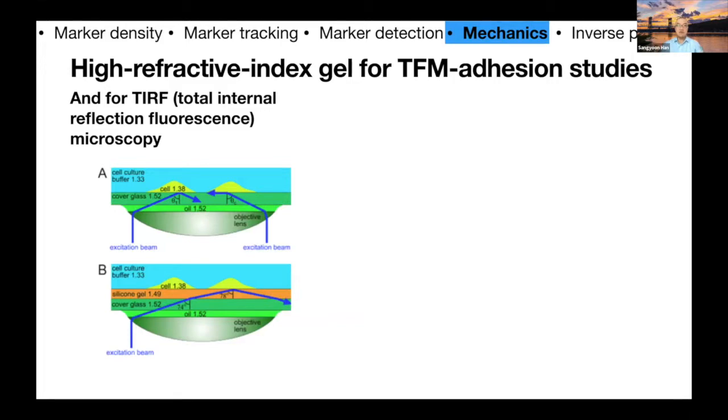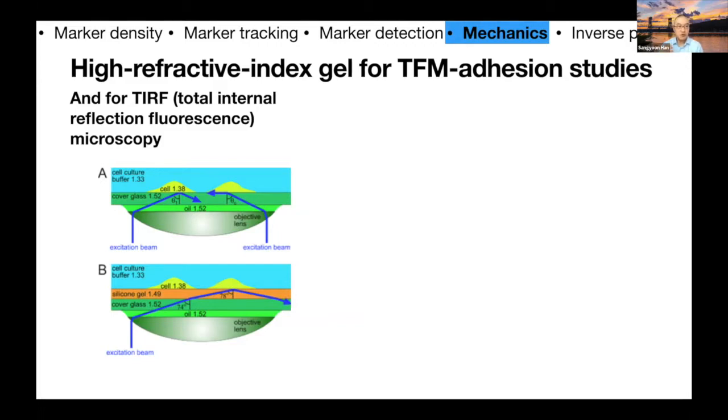So now this is the main talk. I'm going to be very fast because I don't have a lot of data for this work, but I'm going to show you some framework. For our traction force microscopy, we use a soft gel, as I told you before, and we use something called a high refractive index gel. Why? Because it supports total internal reflection.